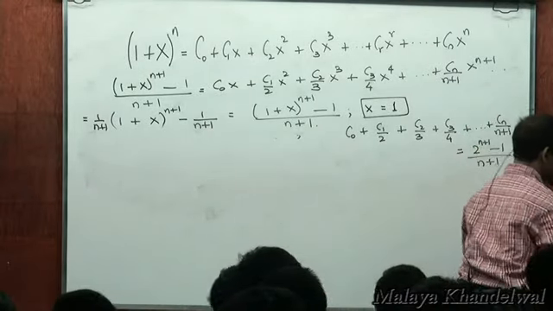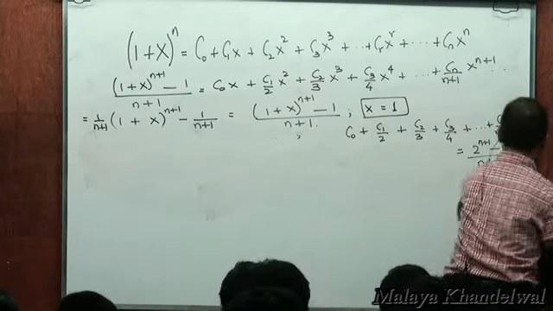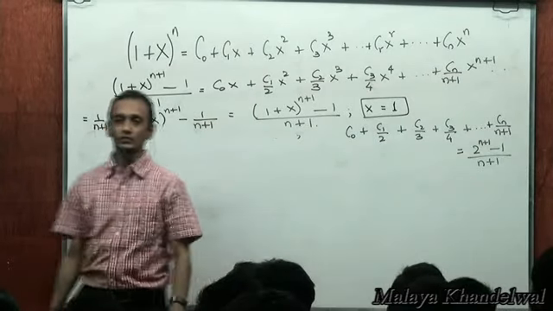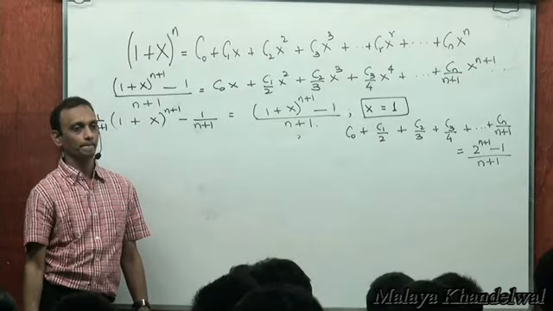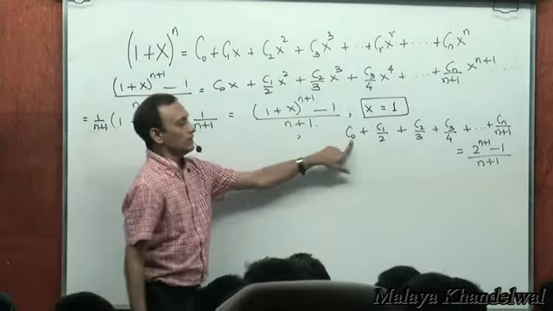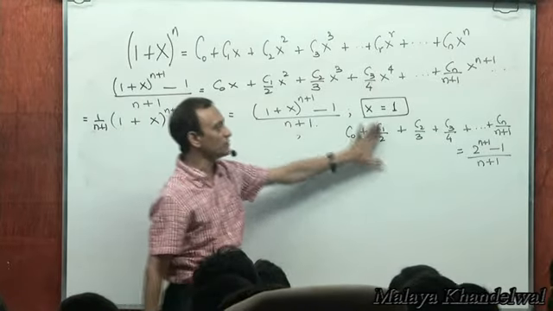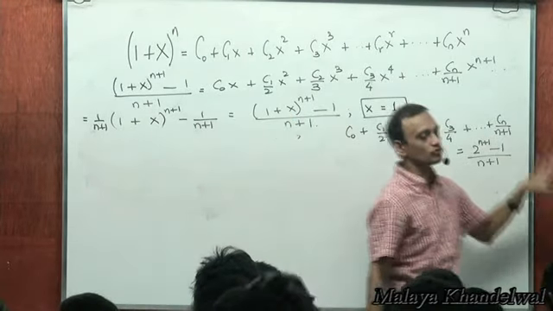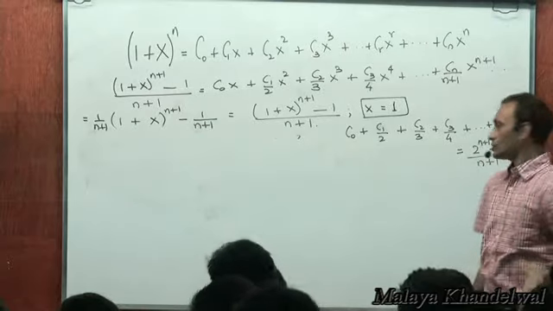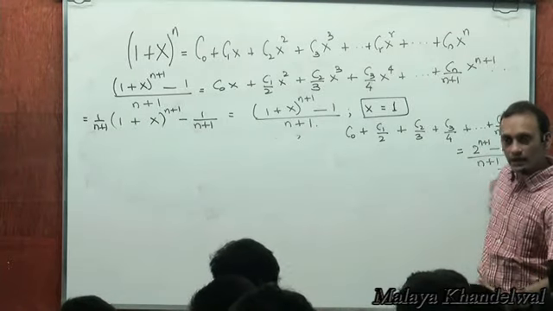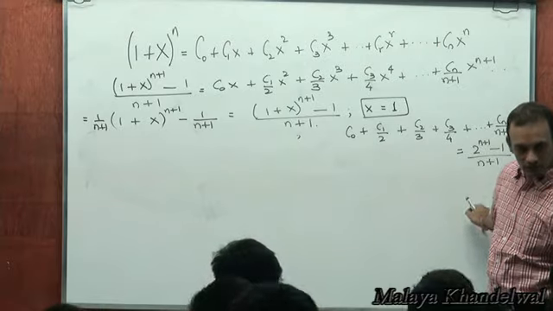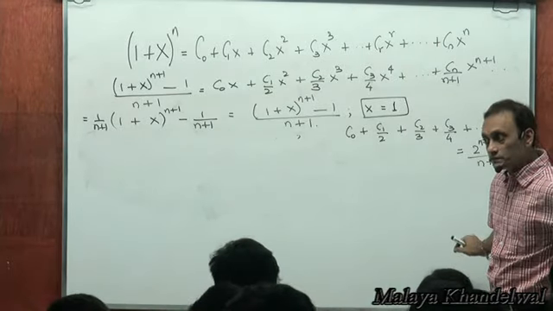That is what transpires. Right? So another result which we use time and again: c naught plus c1 by 2 plus c2 by 3 plus c3 by 4 up to cn by n plus 1 is 2 to the power n plus 1 minus 1 by n plus 1. Clear?